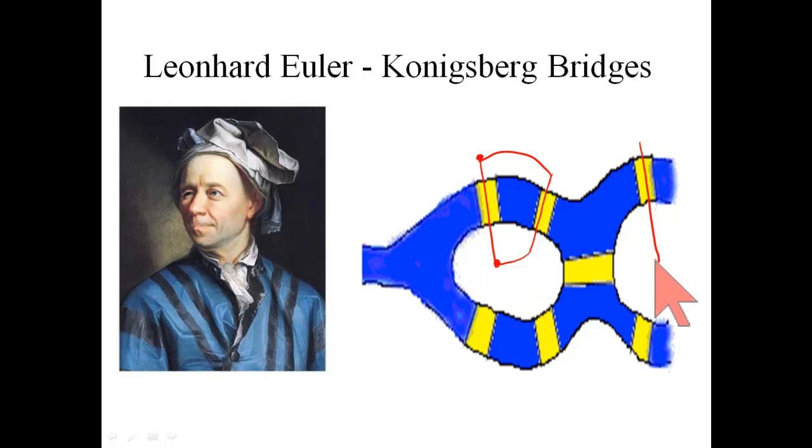To get from here to here, you have to cross a bridge, whereas to get from here to here, there's no reason why you do. So, in other words, this needs a new vertex. This is a different point than this point. And then we could draw an edge between these 2 points.